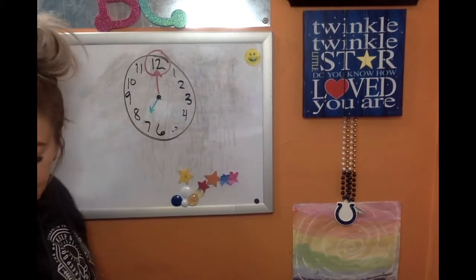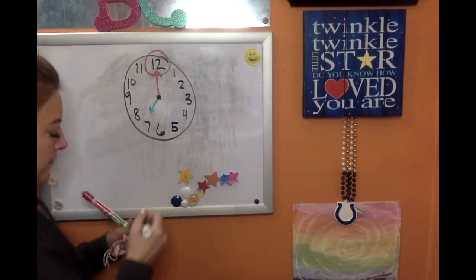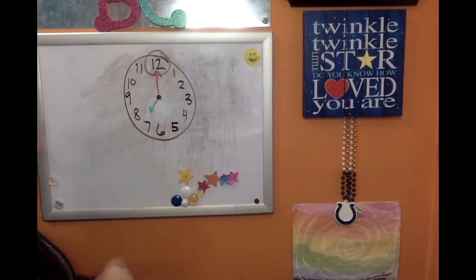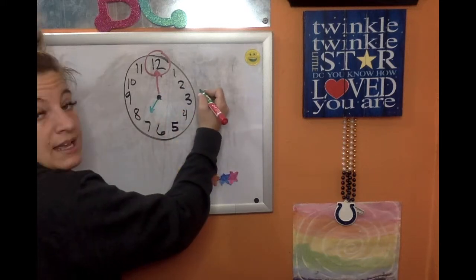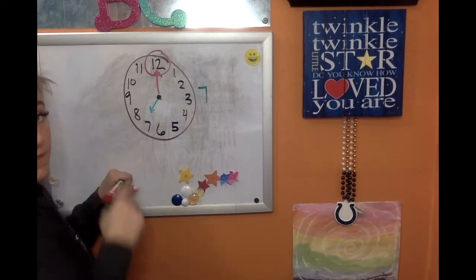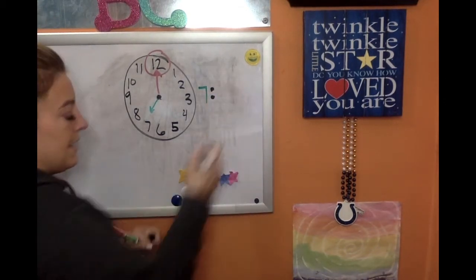Okay, so what is the time? There we go. What's the time? First, we're going to write the hour hand. What is it? 7. Then what do we do? We write the minute hand.